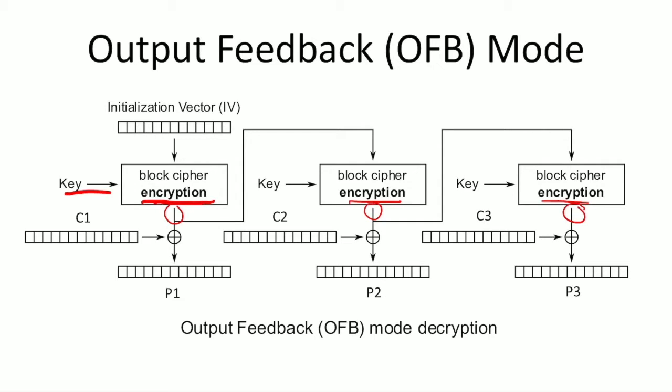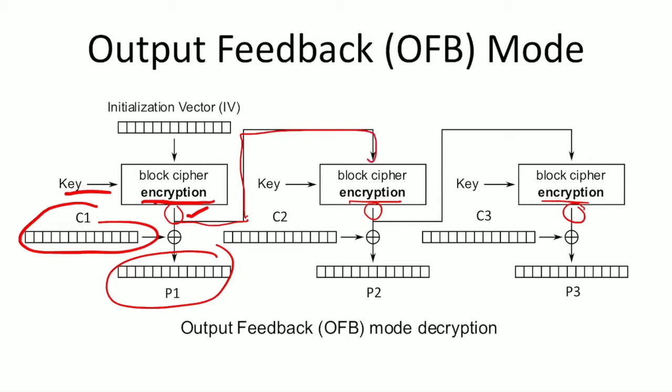So we are going to take this output block as the key block and XOR that with the first ciphertext block to get our first plaintext block. And again, since chaining is involved, the output of this block cipher here, or the key block for the first ciphertext block, is going to be fed back for the next iteration.